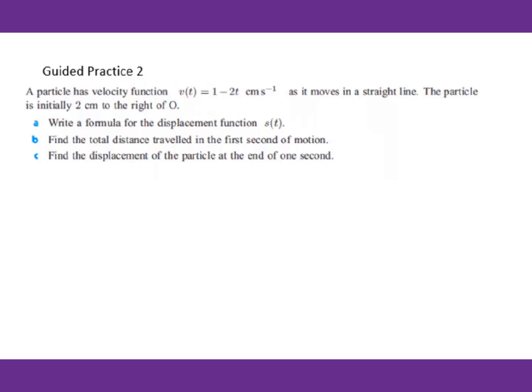A particle has this velocity function. As it moves in a straight line, the particle is initially 2 centimeters to the right of O. For the IB exam, some kinematics problems are not calculator based, like guided practice 2.